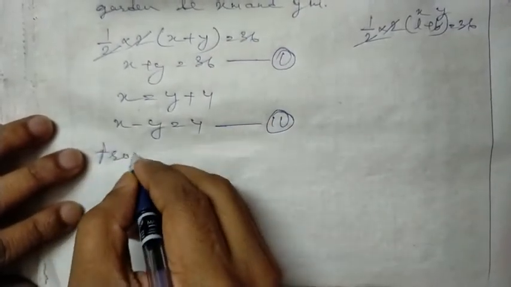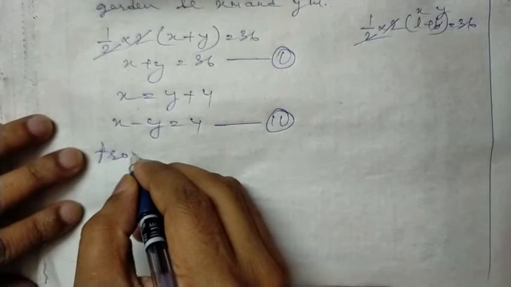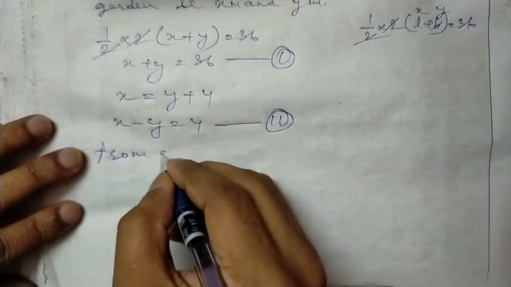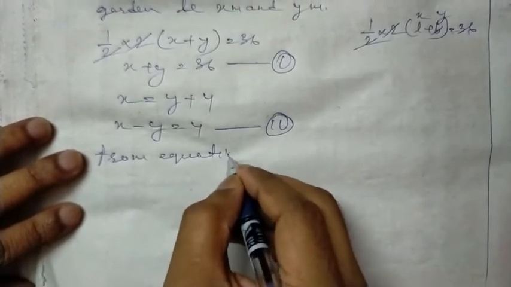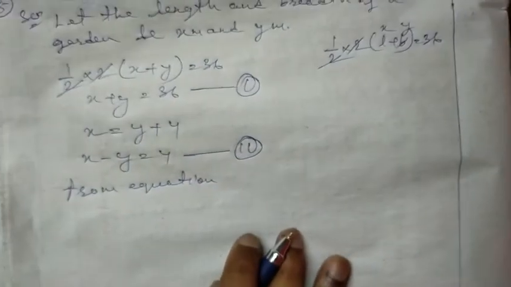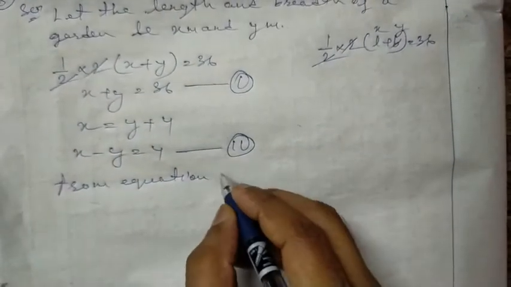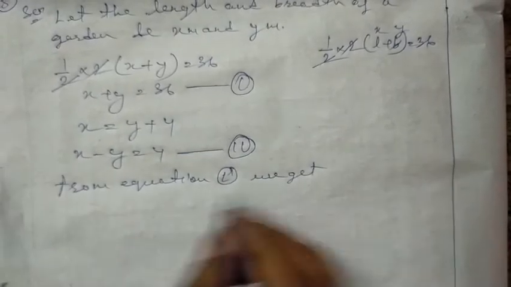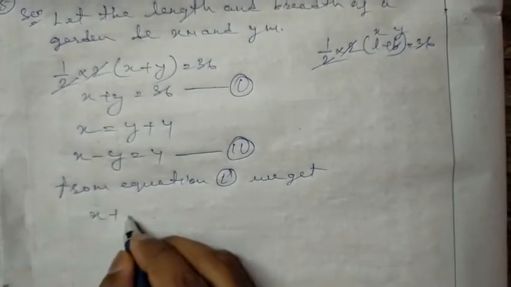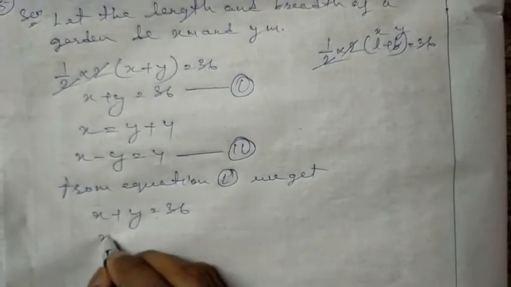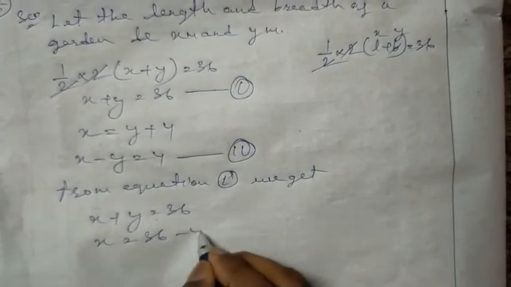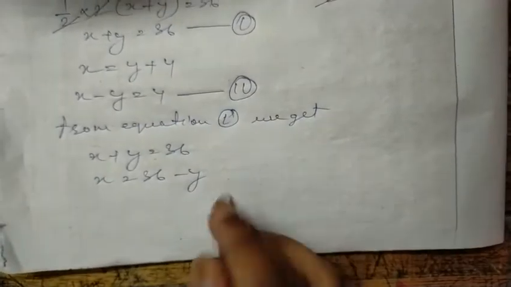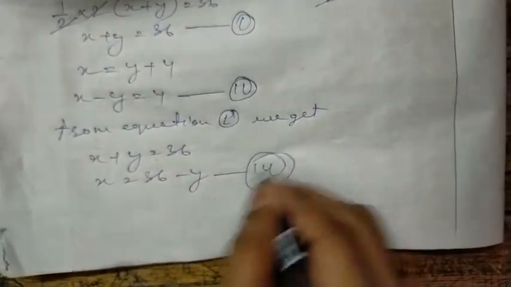From equation 1 we get x plus y is equal to 36, so x is equal to 36 minus y. This will be equation number 3.